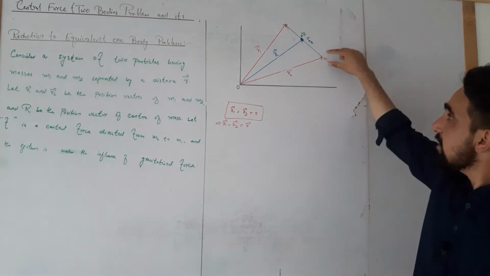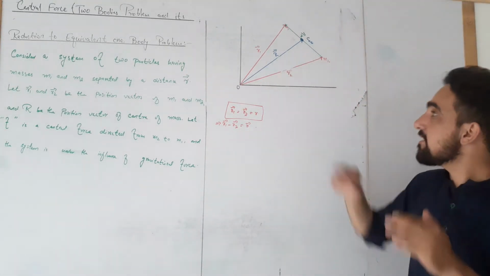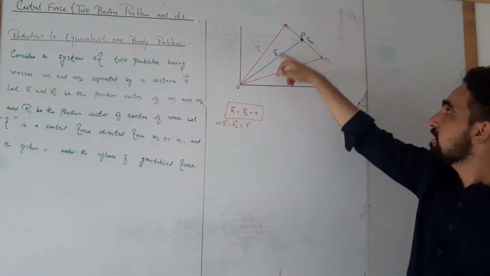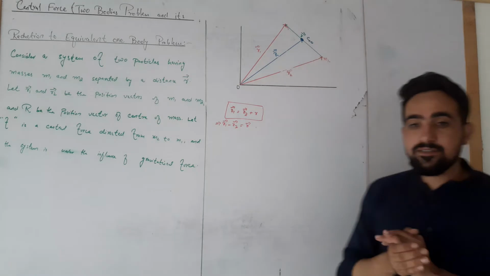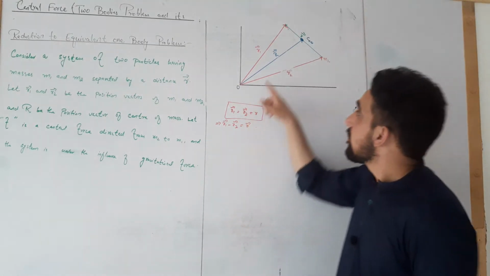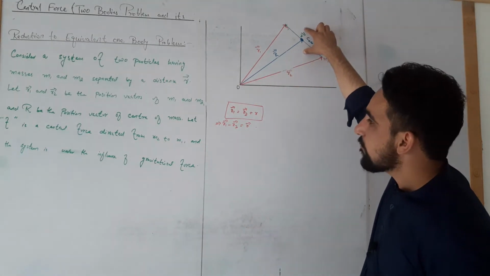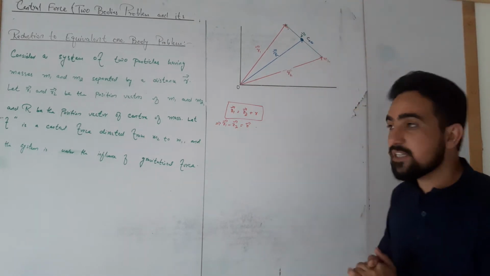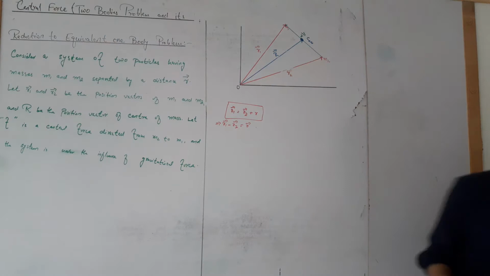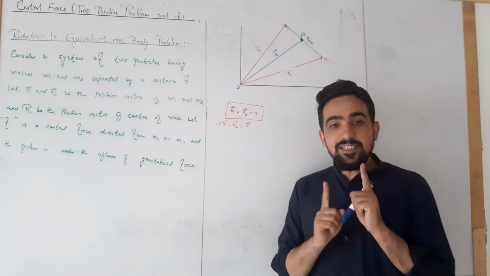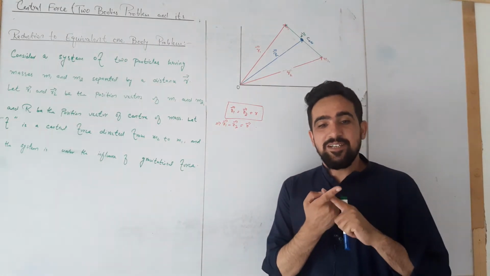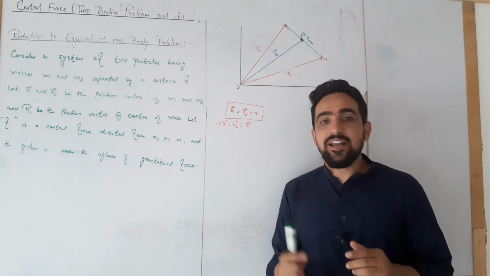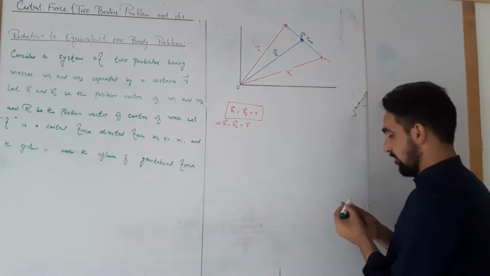Similarly, these two masses have their center of mass at position vector capital R. So the position vector of the center of mass with respect to the origin is R. Let us consider these two masses, m1 and m2, are under the influence of gravitational force.